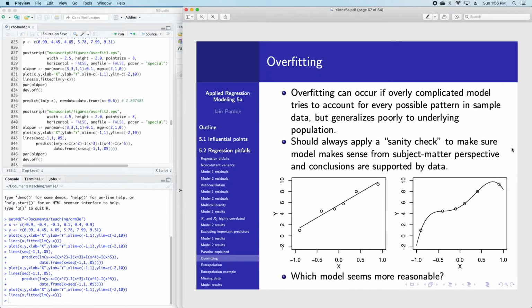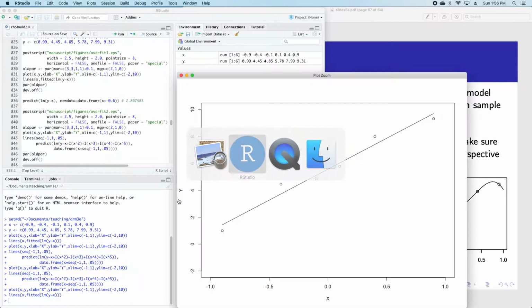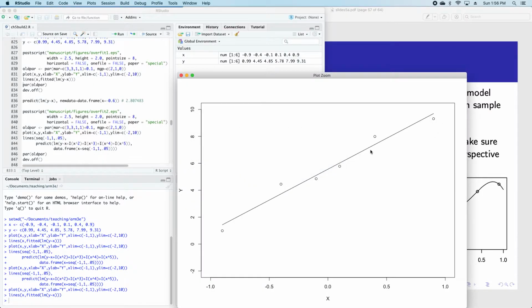So that's overfitting. This example that I've just worked through is just to illustrate the problem.